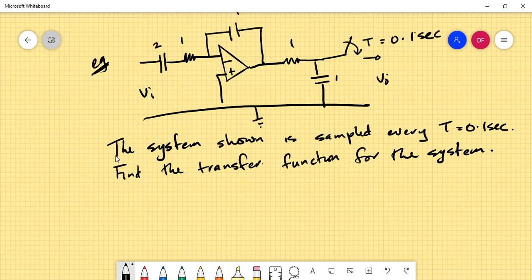But the first thing that we have to do is find s. So this is my g1, and this is my g2. So we can attempt to, and tell me what you get for the transfer function, please. So we have to find the s first and then after that we use the bilinear transform to find the z. So I'm just asking you to find the s.